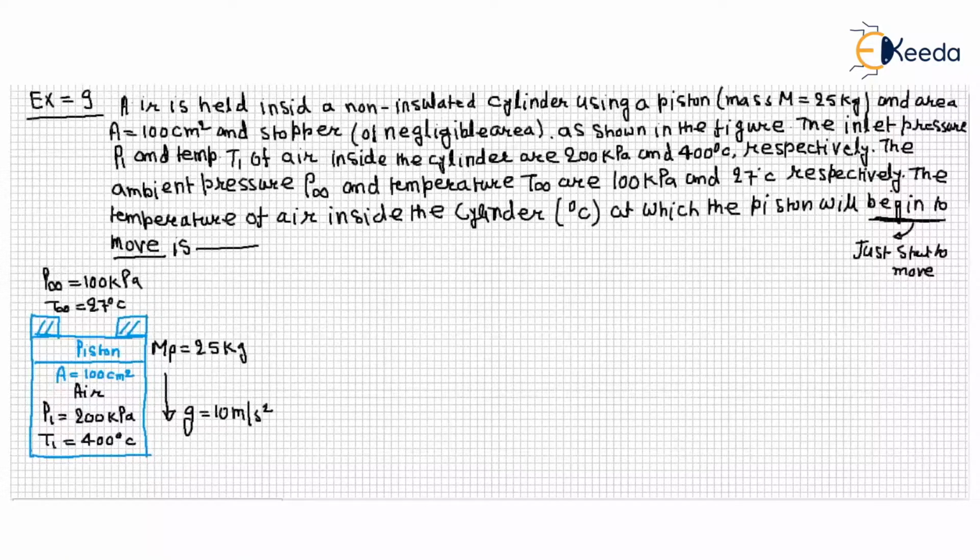Now, since the inside pressure is higher than the outside pressure, naturally the piston would move up, but the stopper does not allow it. The inside temperature is also higher than the outside temperature, so heat will be released from the system to the surrounding.